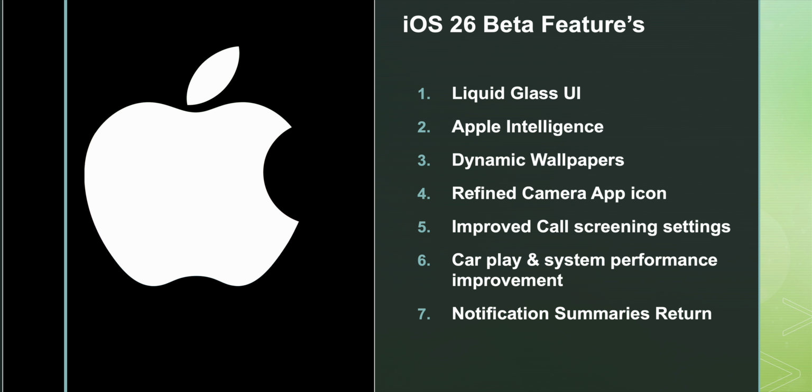You can go and search for it. Then there is the dynamic wallpaper, which is also very good, right? A redefined camera app icon, improved call screening and settings, and then CarPlay and system performance improvements, of course, and the notification summary returns. iOS 26 also introduced polls in Messages, the ability to manage unwanted calls, and improved call handling in the Phone app.